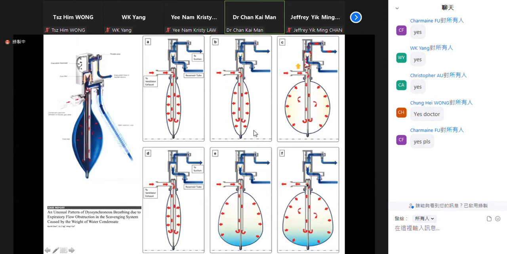The patient is breathing against a closed circuit, so that explains the rise in expiratory pressure. And only when the pressure drops during inspiration, below the set inspiratory pressure of the ventilator, can the ventilator deliver a breath. And the rebreathing from the reservoir bag caused the very high end-tidal CO2.